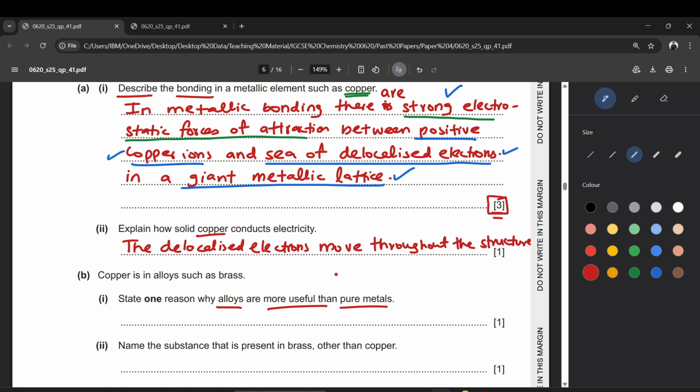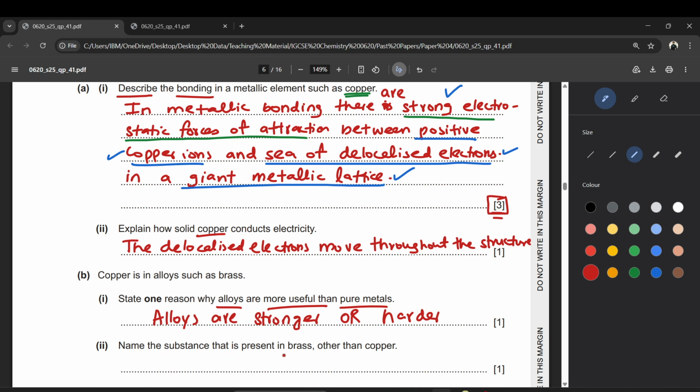One of them is strength, because in alloys you mix different metals, so you strengthen it by using different metals. So we can say that alloys are stronger, or you can also say that they're harder. This is the physical property that is useful in alloys.